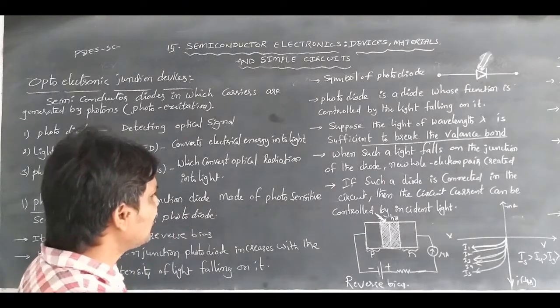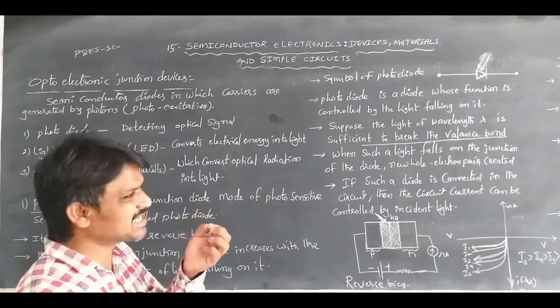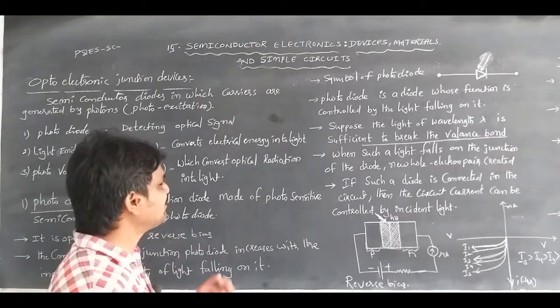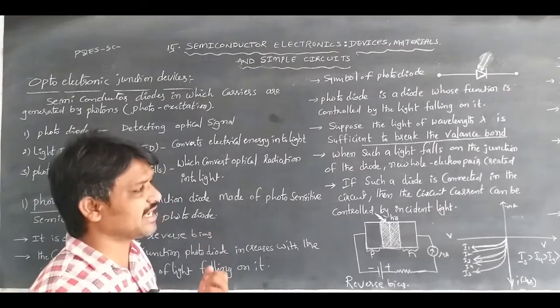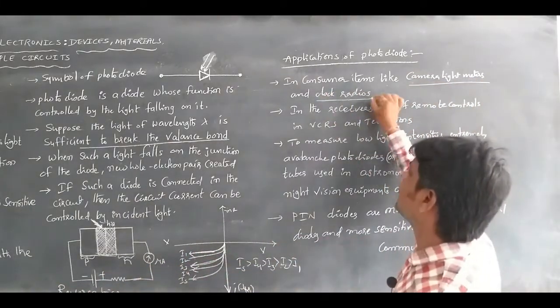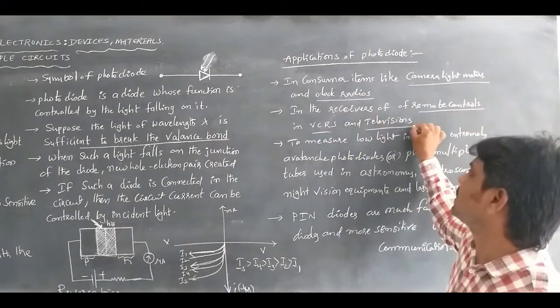Also, extremely low light intensities can be measured using the photodiode, along with consumer items like camera light meters, clock radios, and receivers of remote controls in VCRs and televisions.